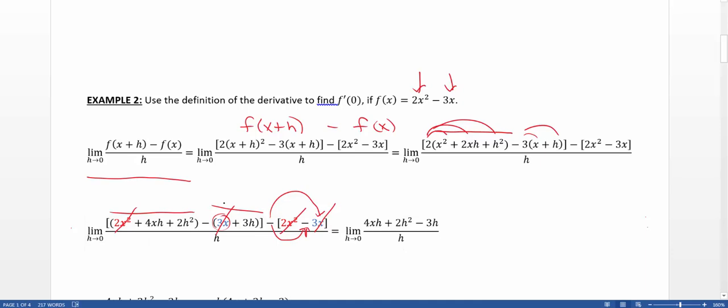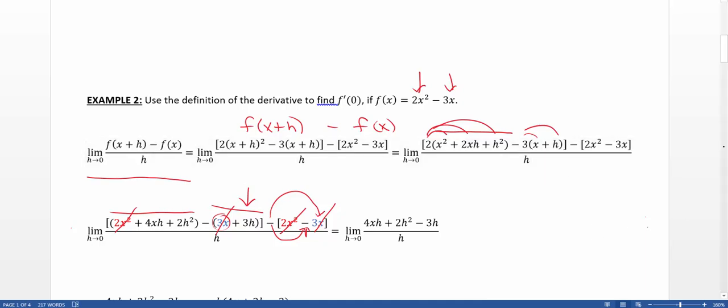So now that those things are canceled, we're left with the limit as h goes to 0 of 4xh plus 2h squared minus 3h. So the minus 3h came from this little term over here that we've just been carrying along, all divided by h. So just like before, what I notice is that I can factor an h out of my numerator.